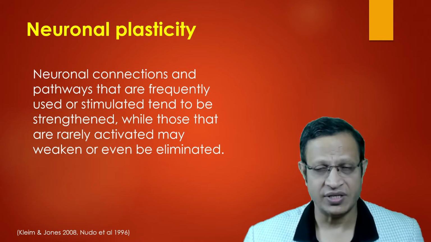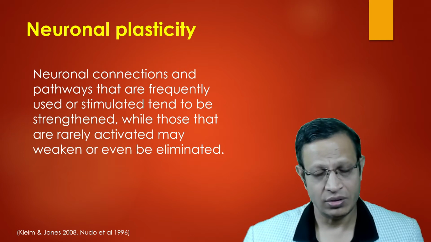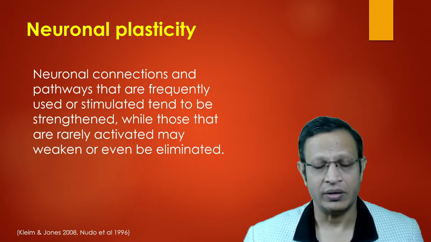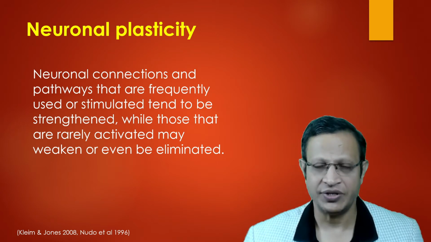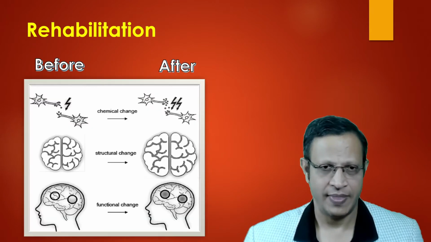Neuronal connections and pathways that are frequently used or stimulated tend to be strengthened, while those which are rarely activated may weaken or may even be eliminated. That means either you use your neuron or it will perish. Use or perish is a simple term.